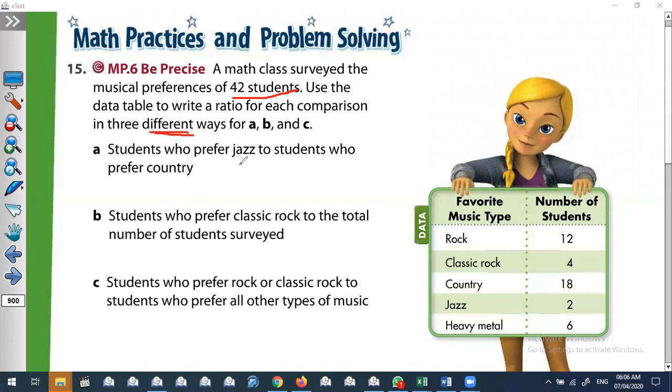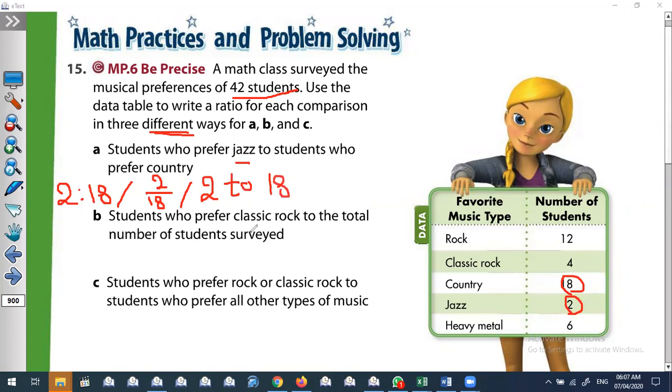Students who prefer jazz to students who prefer country. Jazz is 2, country is 18. So I can write it like that, 2 to 18, the first way. Second way as a fraction, 2 over 18. Third way as letters, 2 to 18.